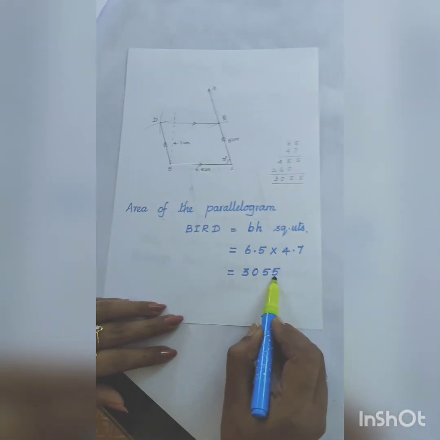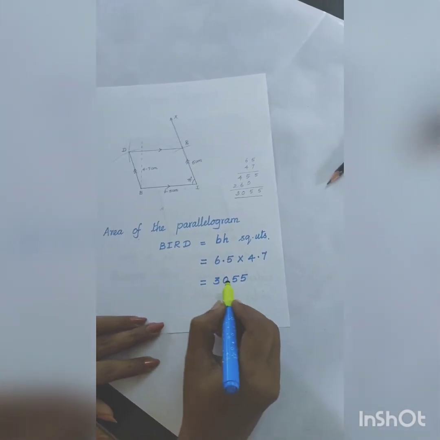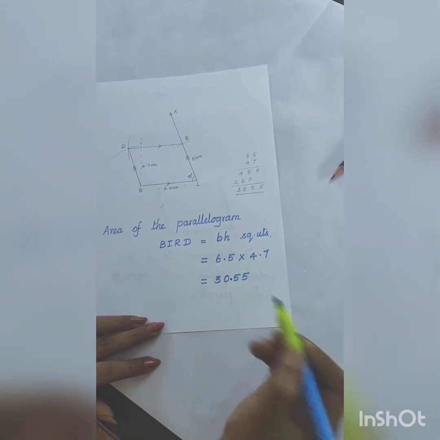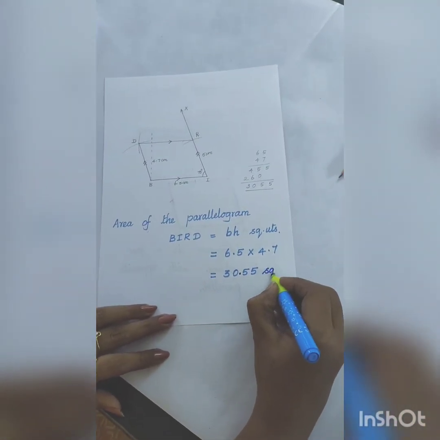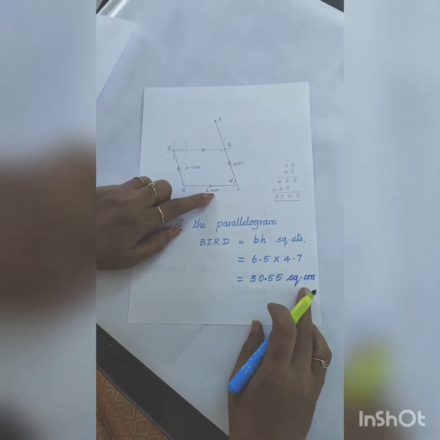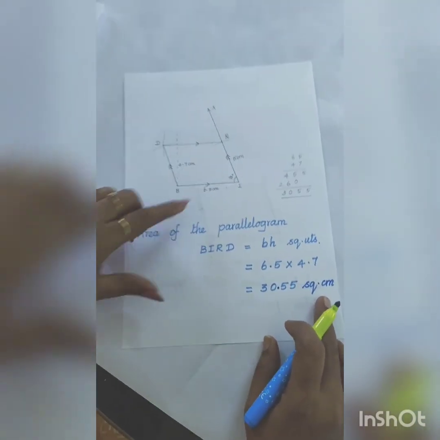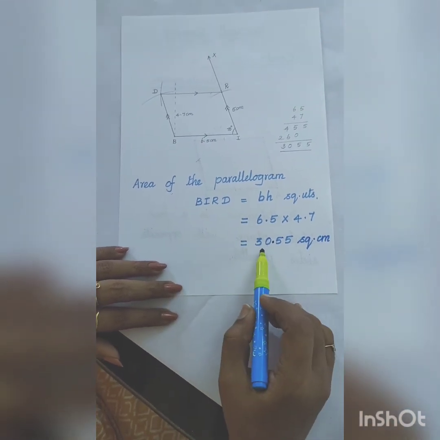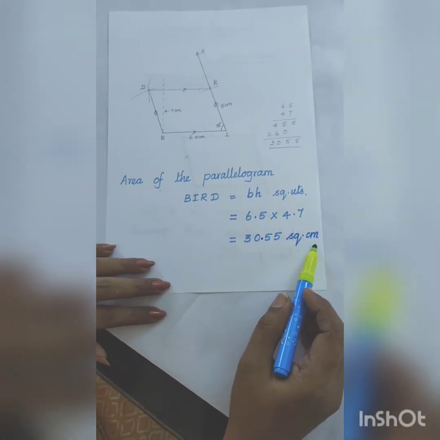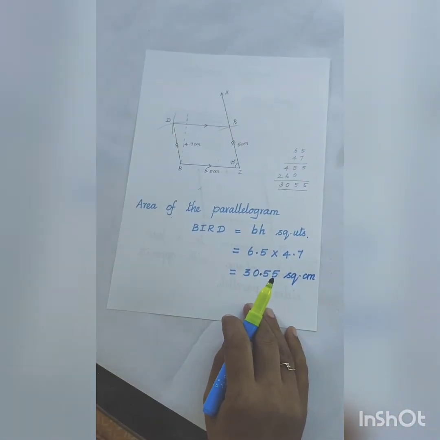From the right-hand side of the answer, leave 2 digits and mark a point here. So you will get 30.55. Because the measurement is given in centimeter, the unit will be square centimeter. So the area of the parallelogram BIRD is 30.55 square centimeter. Hope you have understood the construction of a parallelogram.